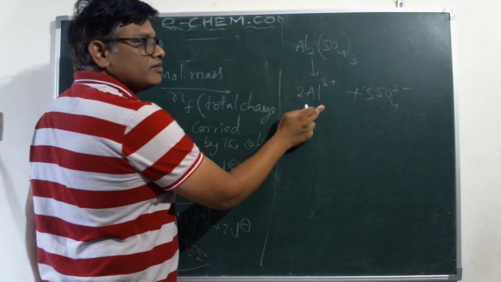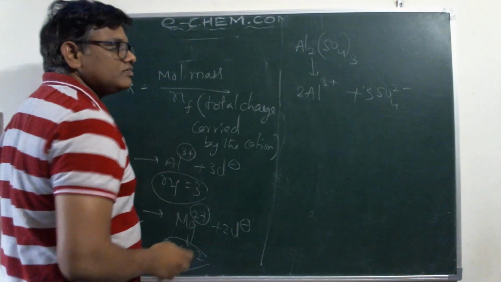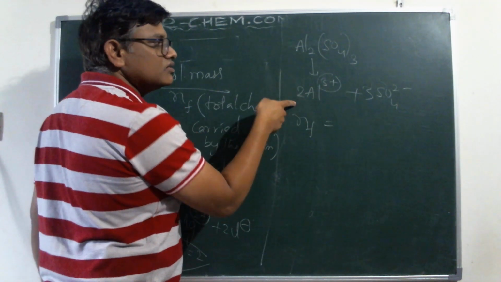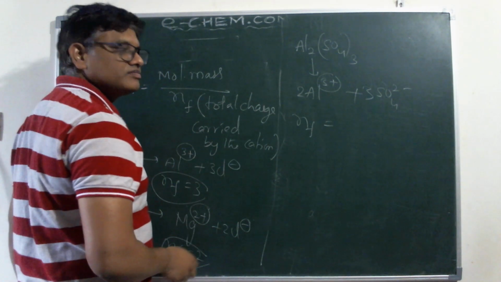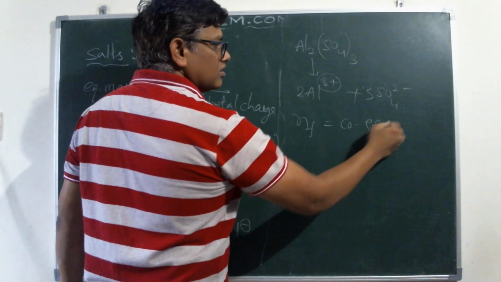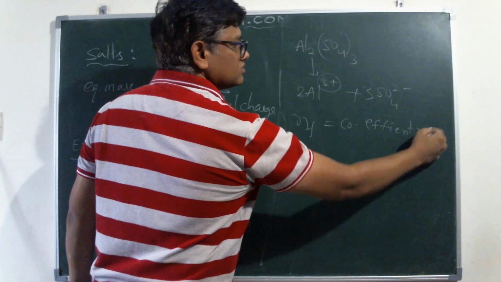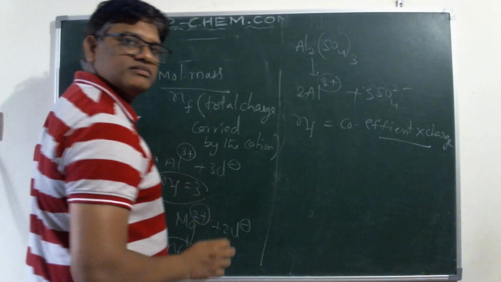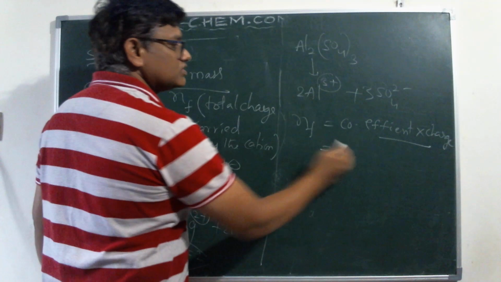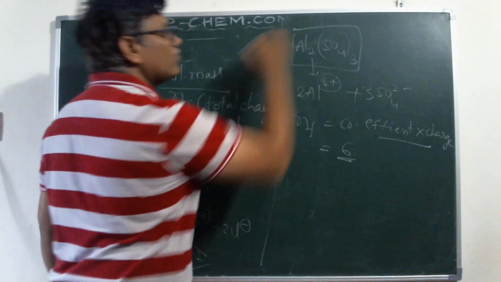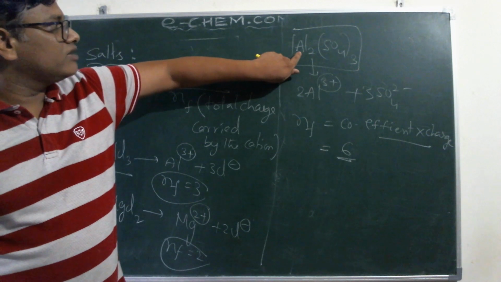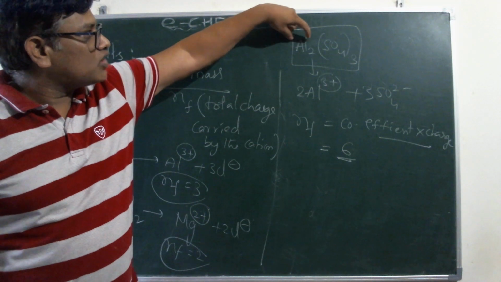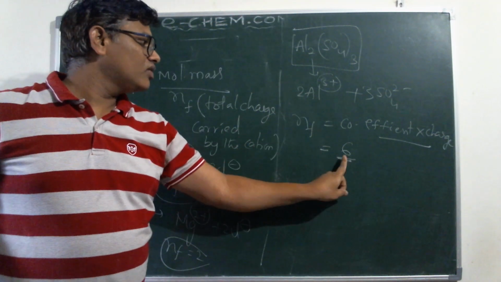2 moles of aluminium 3+ and 3 moles of sulfate. So if you want to calculate the n factor, it is the total charge, which is the coefficient into charge. That is 3 into 2, 6. For 1 mole of the compound, 2 aluminiums are present, so the total charge carried by the 2 aluminium ions will be 6.